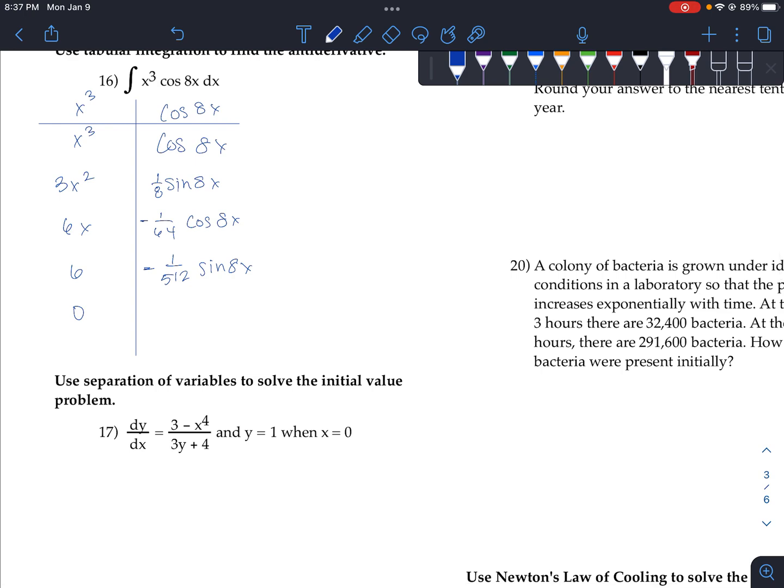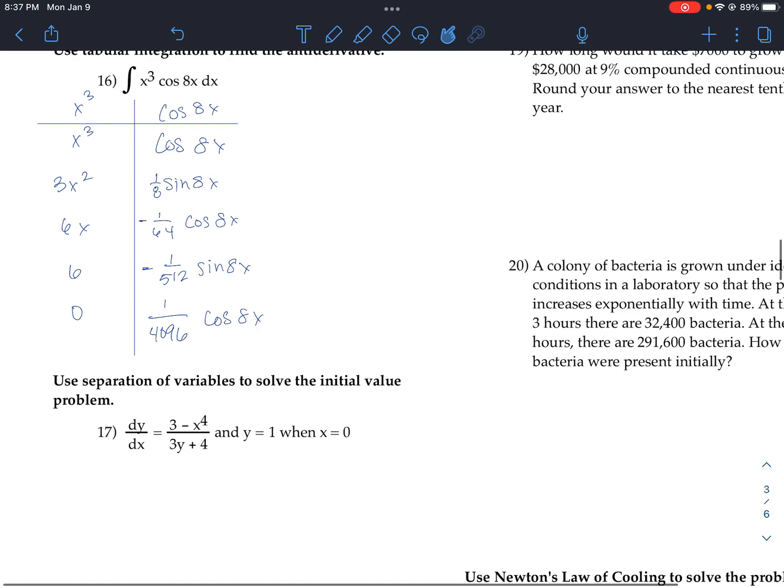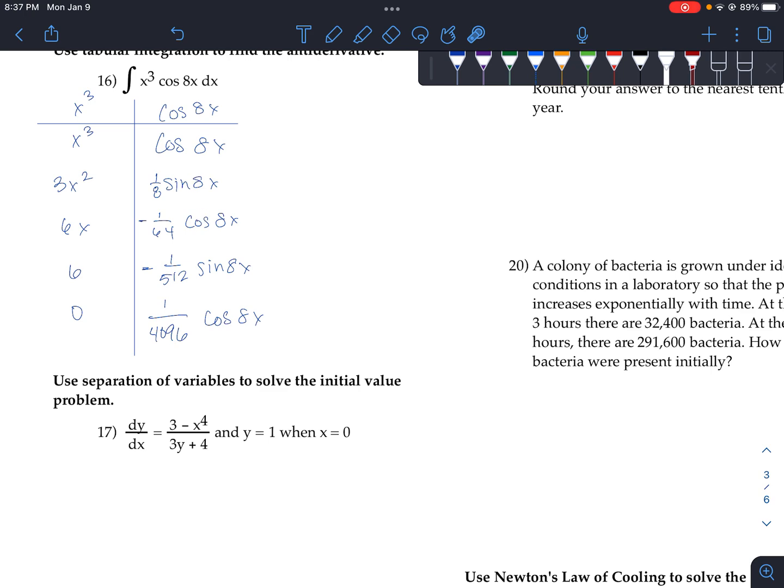And then the next one should be 1 over that times 8, which is 4096, and this is going to be cosine of 8x. So again, if you need to check these, the derivatives should follow that down all the way to cosine of 8x.